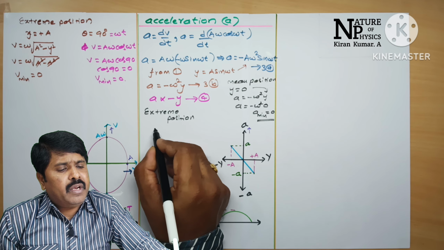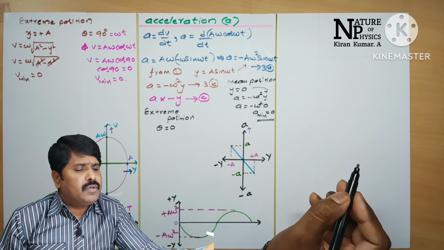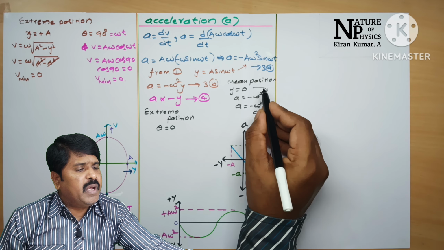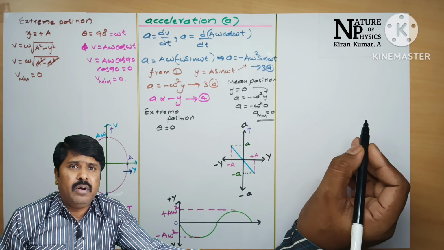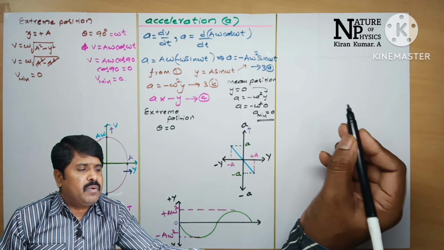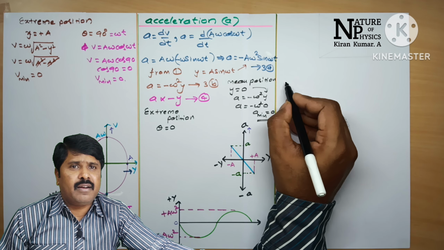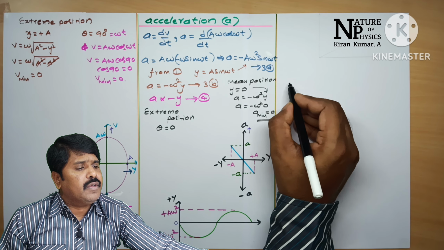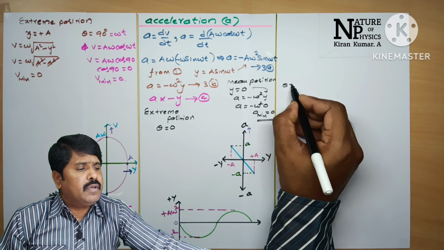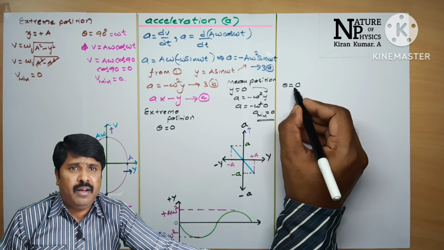Sorry, here first the mean position, two values we want to represent. One is, okay, no space, we can do it. Here I can write the mean position second condition, sorry for the mistake. So theta is equal to 0, angular displacement, which is equal to omega t.